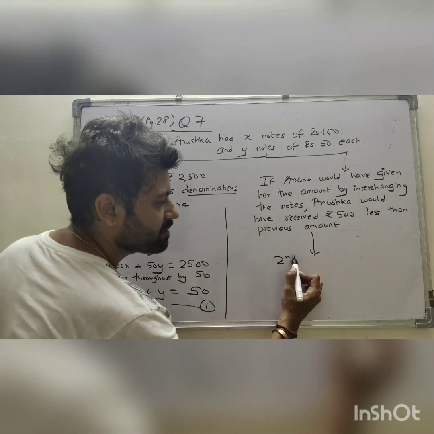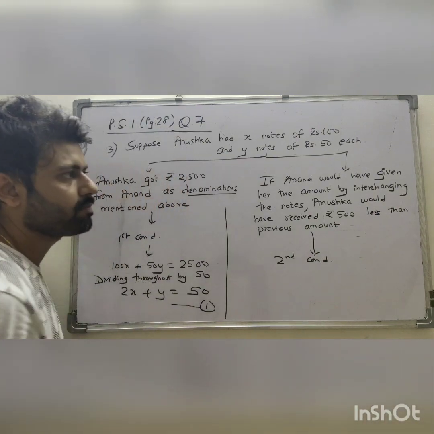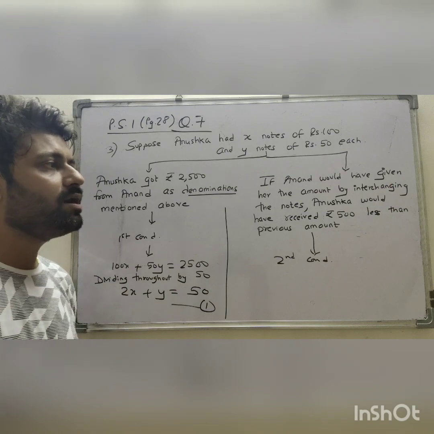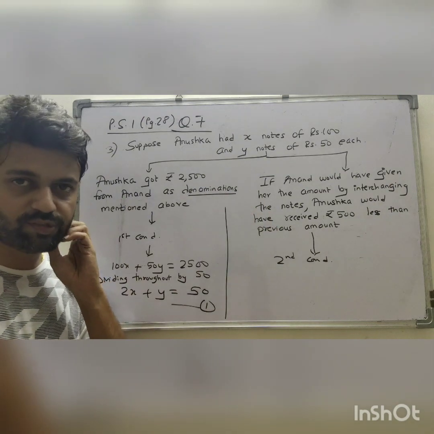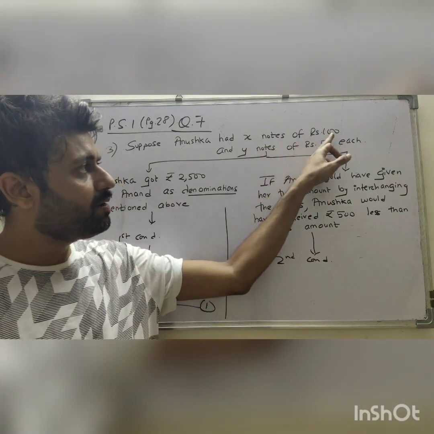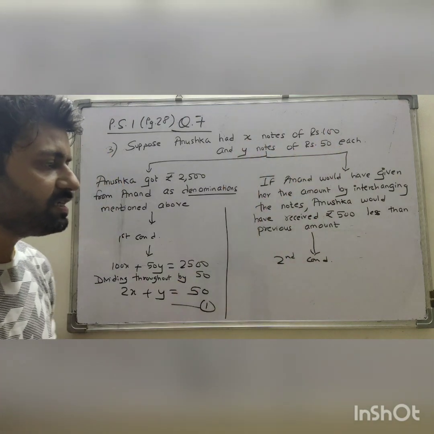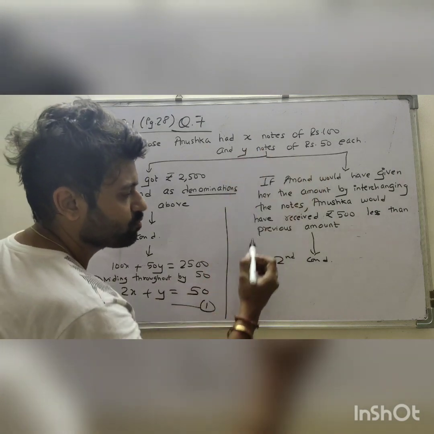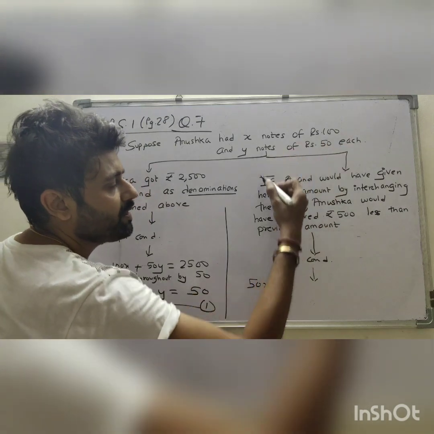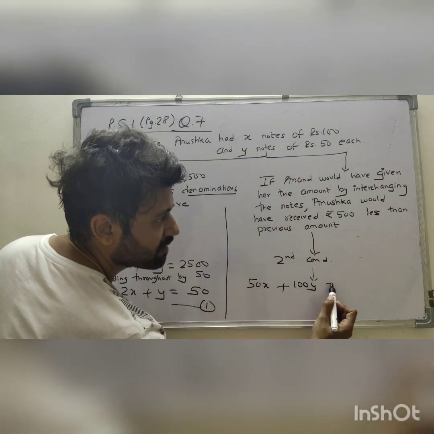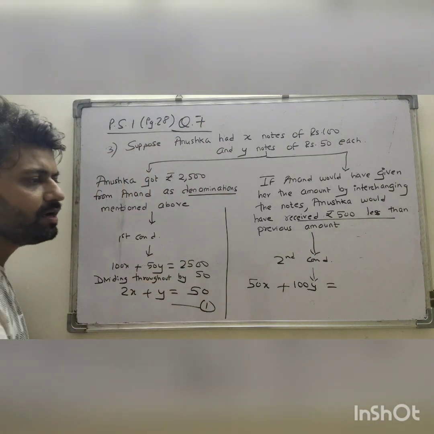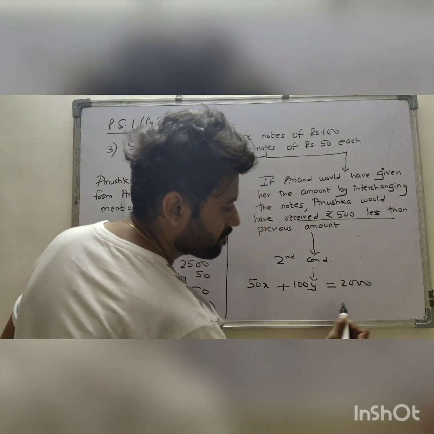According to the second condition, I am reading: if Anand would have given her the amount by interchanging the notes, 100 की y notes हो जाएगी, 50 की x notes हो जाएगी. Then she would have received 500 less. 2500 नहीं होगा, 2000 होगा.